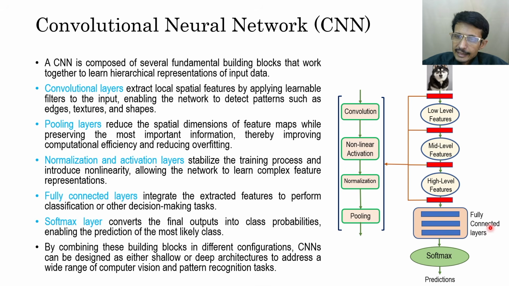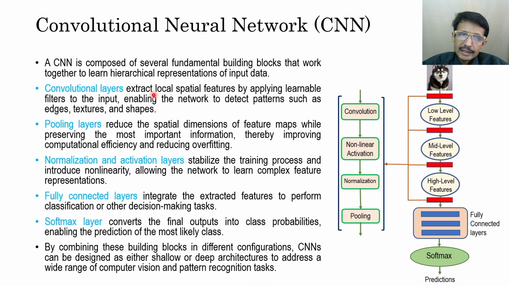But in general, fully connected layers take this prediction task, and then values are given to the softmax to get some probabilistic output. So as a whole, this is the whole structure of a complete CNN. Now we are interested in one single module. So we start with convolution because this is the first layer.